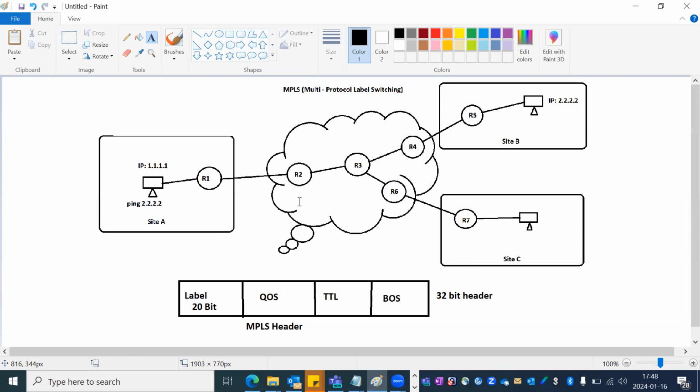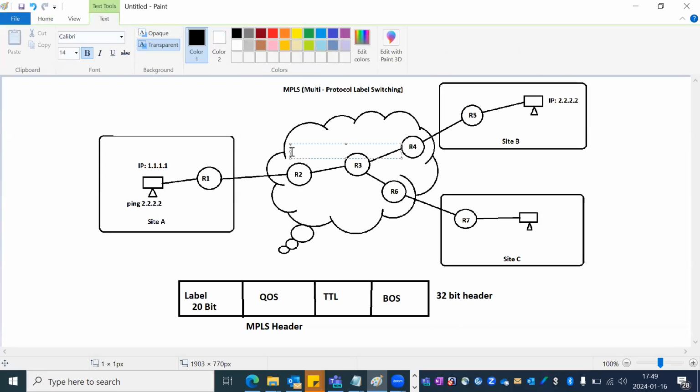Okay. So now we will discuss how this actually works on the control plane. R1 has shared the route of 1.0 to R2.